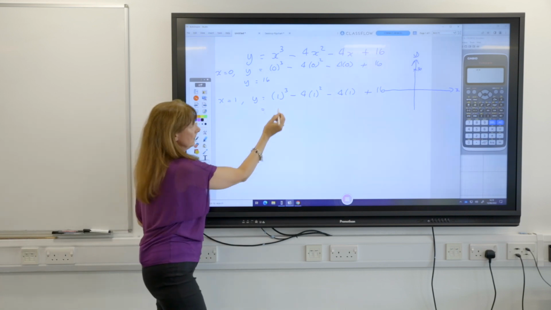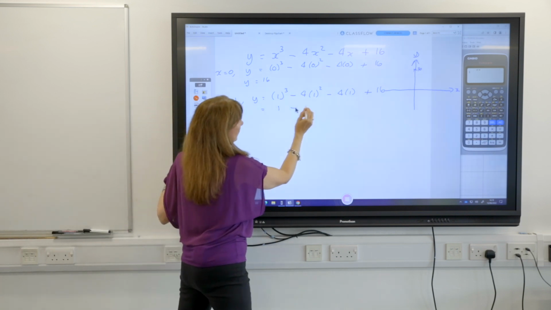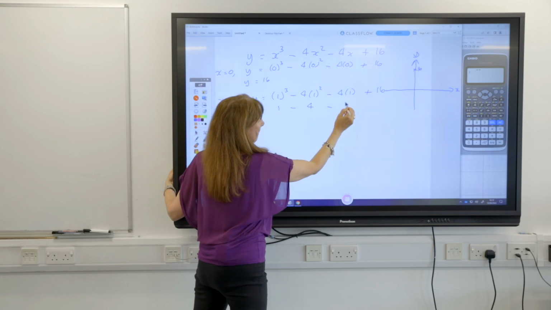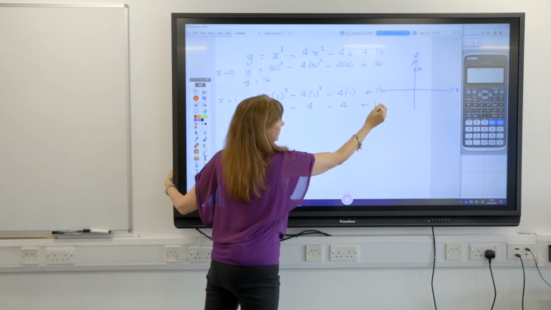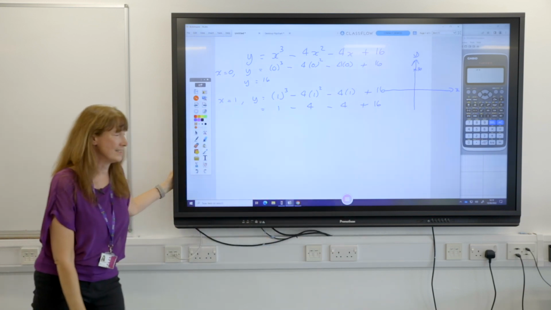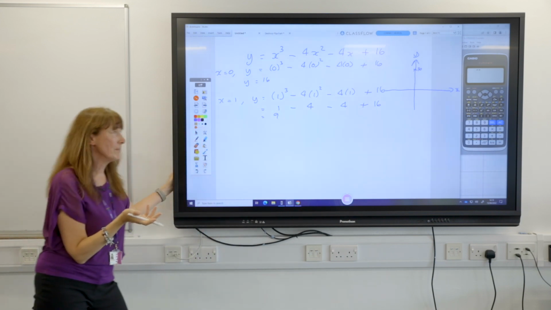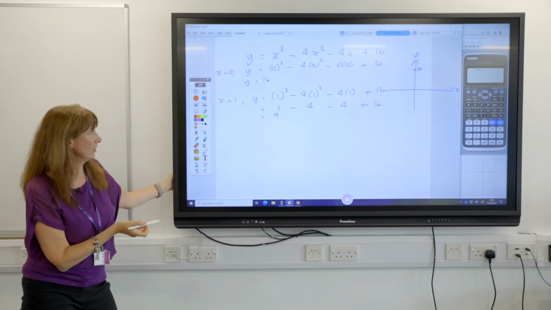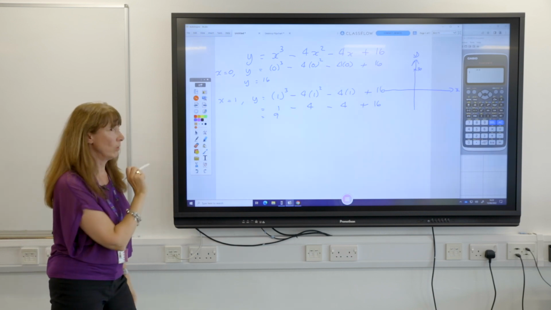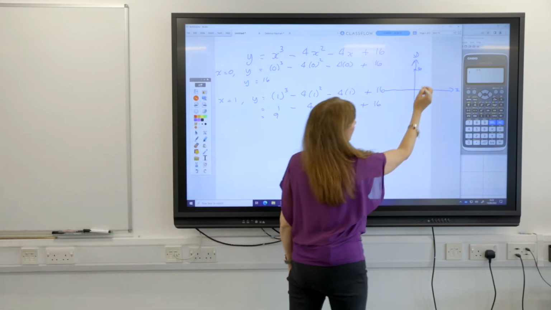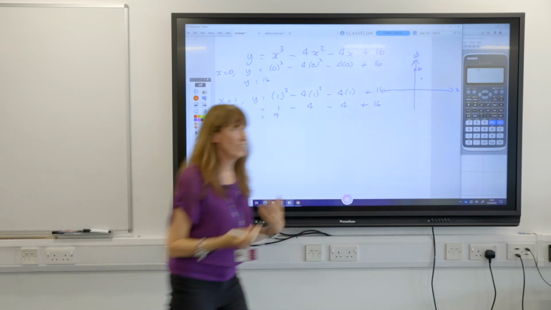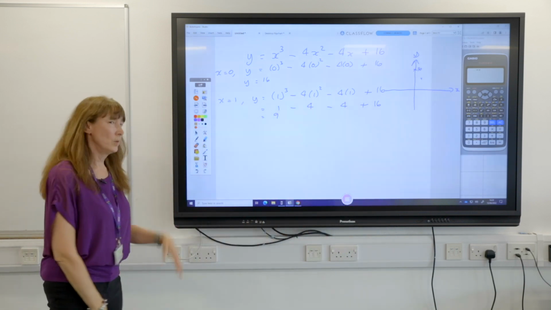So what we've got is 1, we've got minus 4, and plus 16. But our answer isn't 0, our answer is actually 9. So all that's telling me is that one of the points on the graph is the coordinates 1, 9. So 1, 9, somewhere over there. But that doesn't really help us. So we'll try another one.